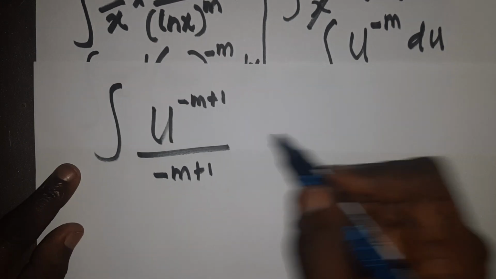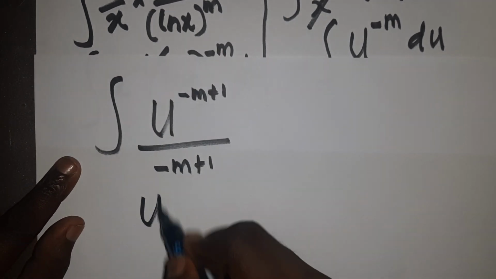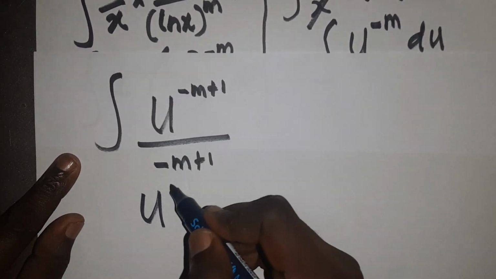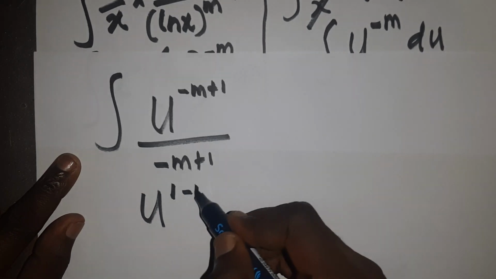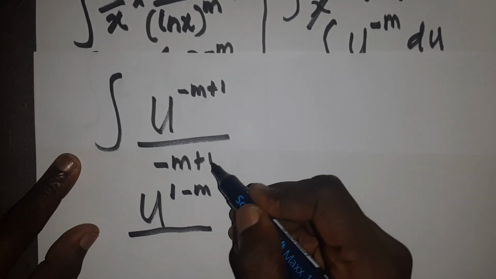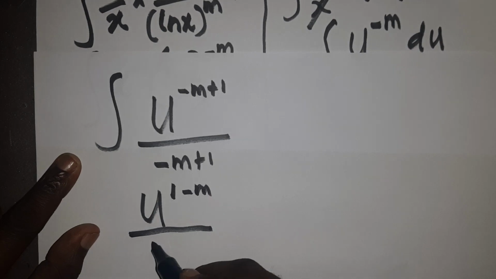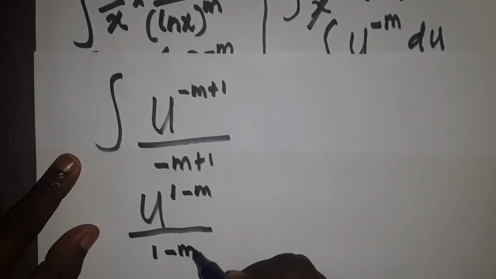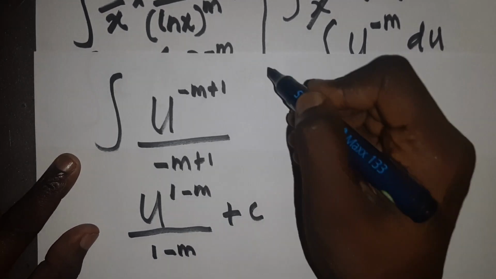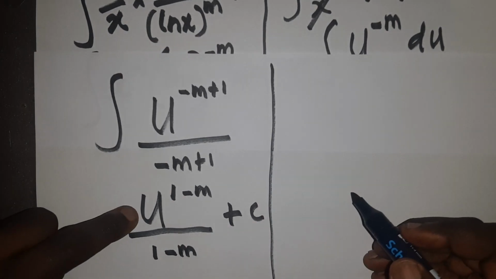I can still rearrange this to be u raised to power, write the 1 first and the minus m second, over, again for the denominator, write the 1 first and the minus m second, then plus c.